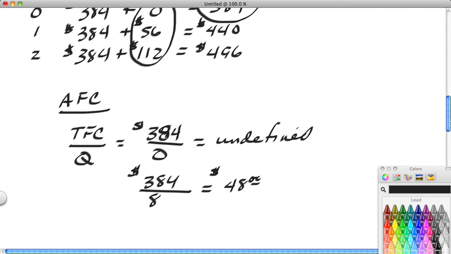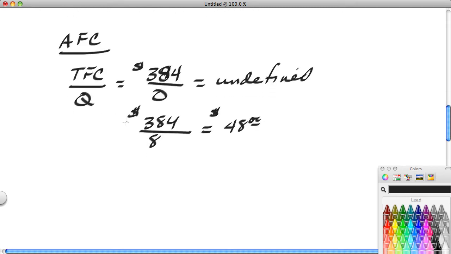Let's keep going. If we take 384, and remember that number isn't going to change, divide that by 22, that's our output after 2 workers. We're going to get $17.45.